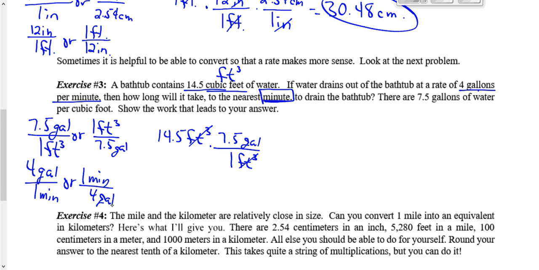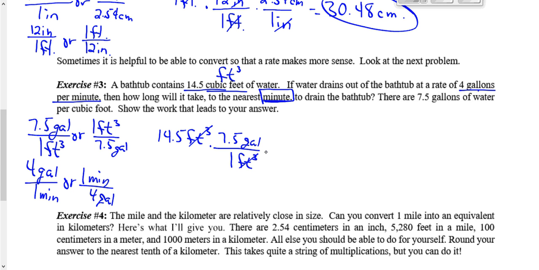Okay. So what do we multiply by? Well, we want to have minutes left and gallons cancel. So, you are correct. Then we'll have gallons cancel, and the middle will be on top.